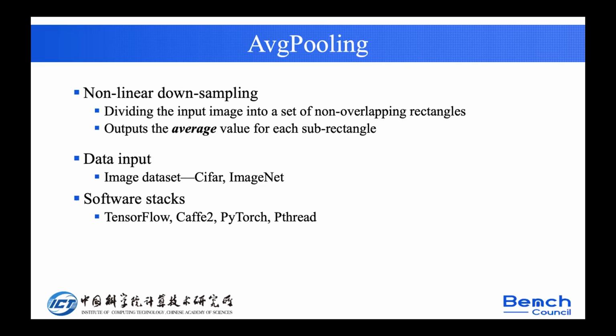Average pooling is also a downsampling method. It divides the input image into a set of non-overlapping rectangles and outputs the average value for each sub-rectangle.